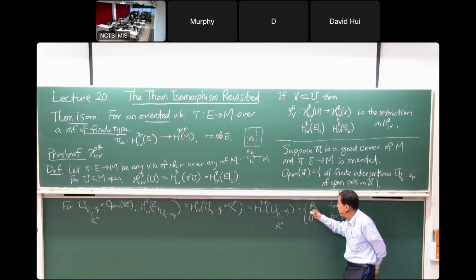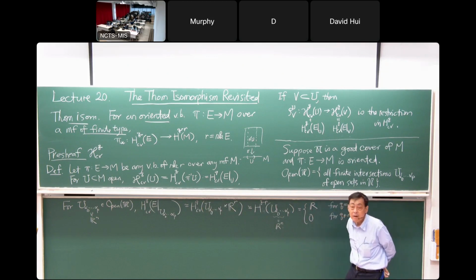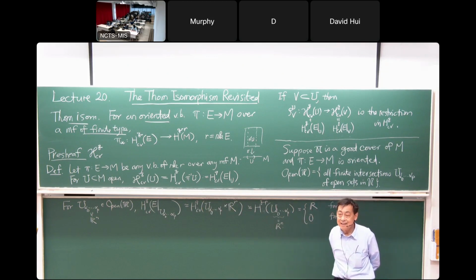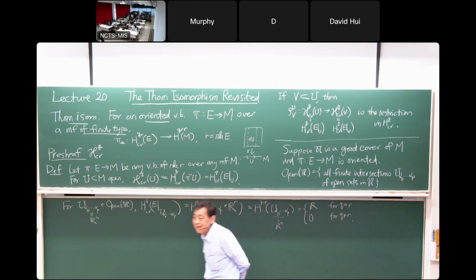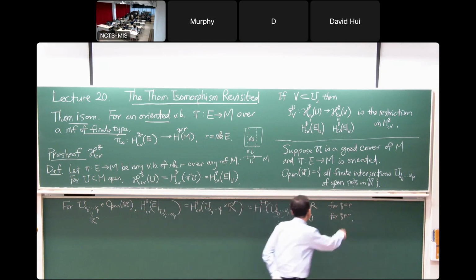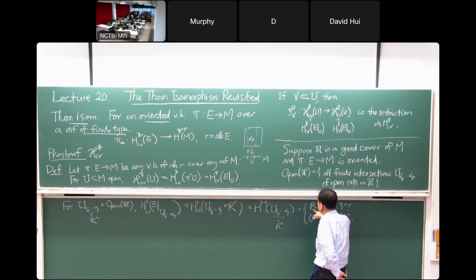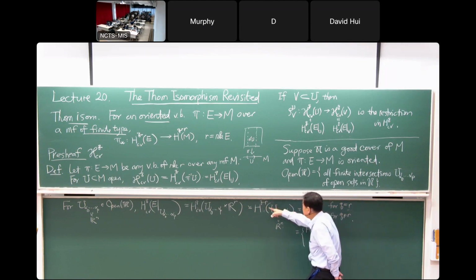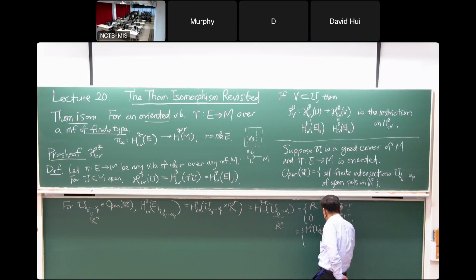And this R, what is this R represented by? It exists in the rank of the vector bundle, but it's really the cohomology in degree 0 of this open set, right?